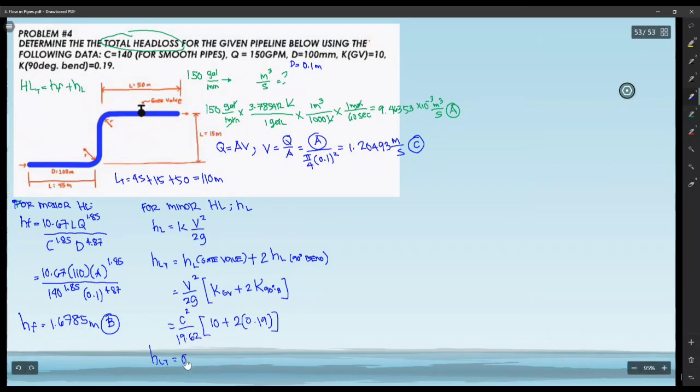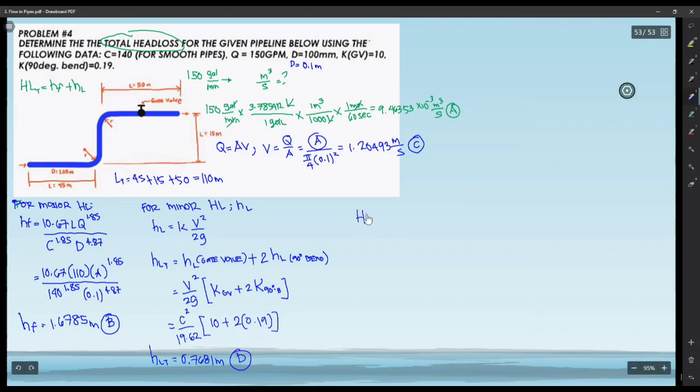So, that is 0.7681, in meter. Kung meron na tayo ditong C, ano ba bang wala? So, meron namang letter D dito sa ALQ, so itago ko siya sa D. Store D ko siya.